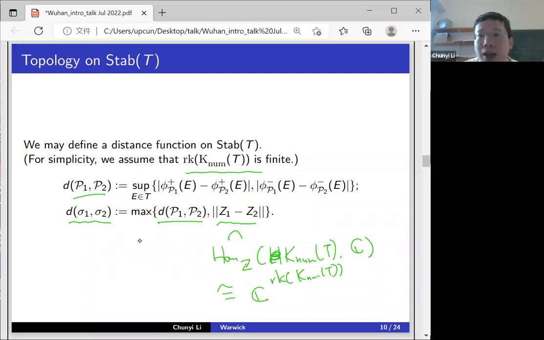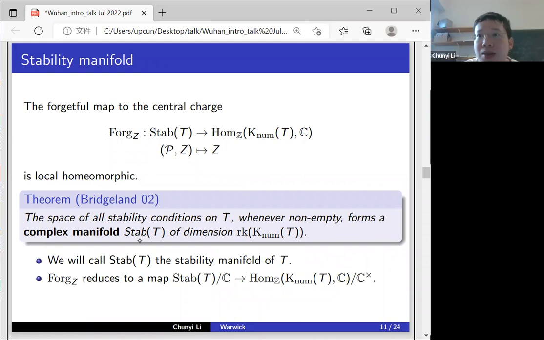The biggest result in setting up this whole theory is this: if I take the forgetful map, every stability condition has two pieces, the slicing or the heart structure and the central charge. I take the forgetful map, only remembering the central charge, which is contained in this finite-dimensional vector space. And this map, given the topology I just talked about, is a local homeomorphism.